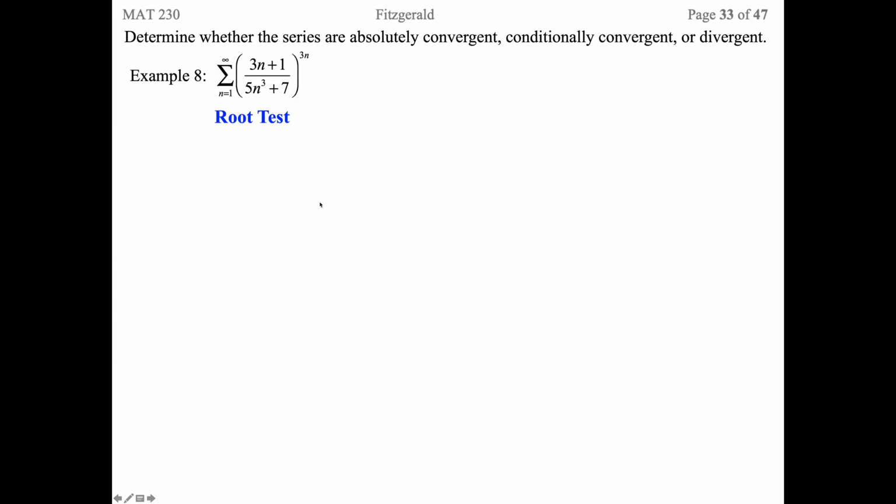All right, next example 8, we're going to use our root test again, but notice here we have a power of 3n. We do not take it to the root of 3n. It's just the nth root. So this 3 as an exponent will stay part of your answer. We don't change that root on the outside. It's always the nth root.